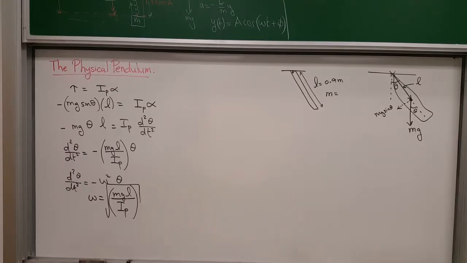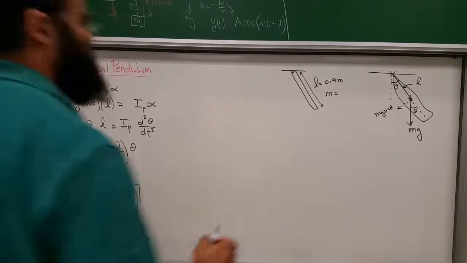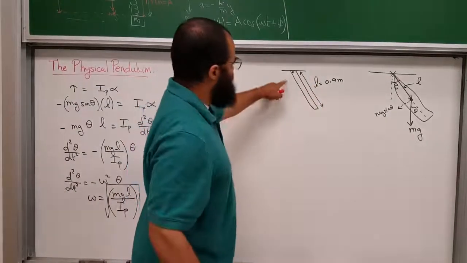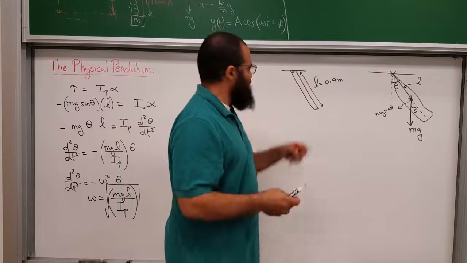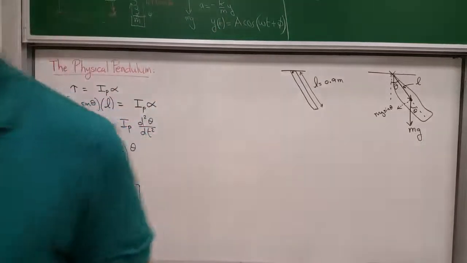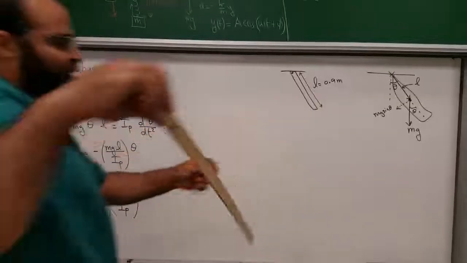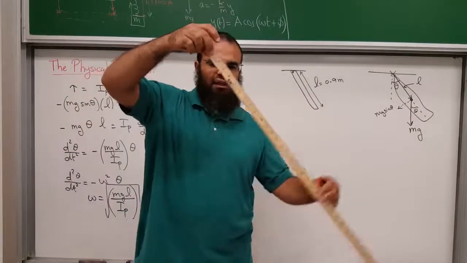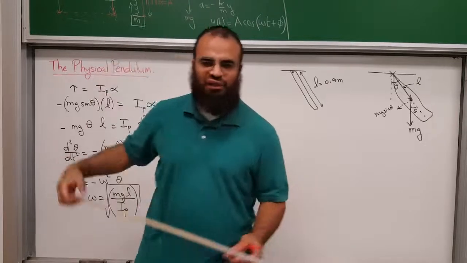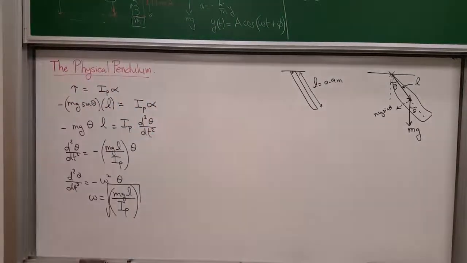We're given the mass of the student's leg, or actually, we don't even need it. So they ask what is the period of small oscillation. Imagine this. Let me get the meter stick. Here is the student's leg, and you just let it hang, and then it goes back and forth. What is the frequency of small oscillations?